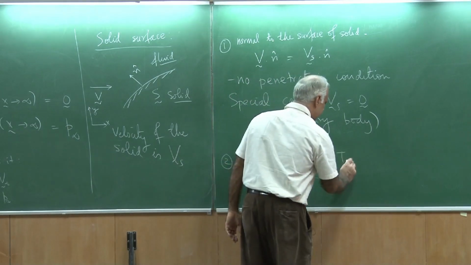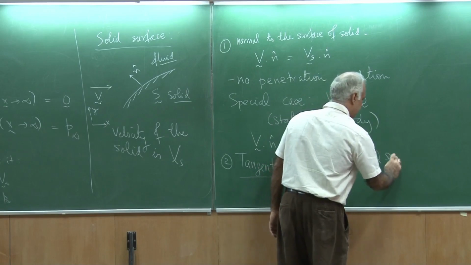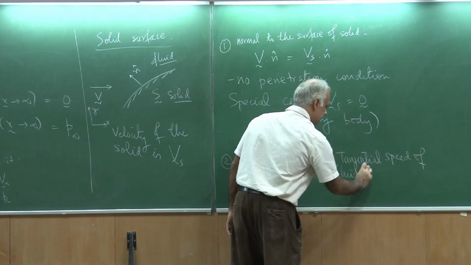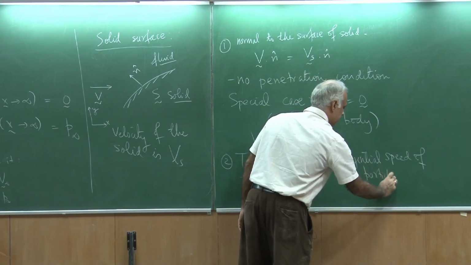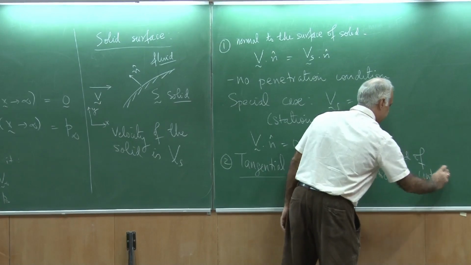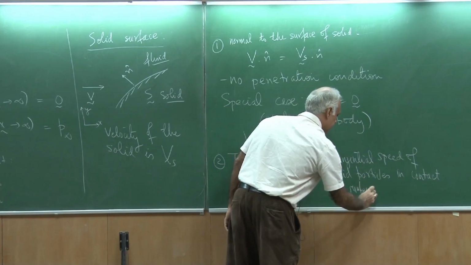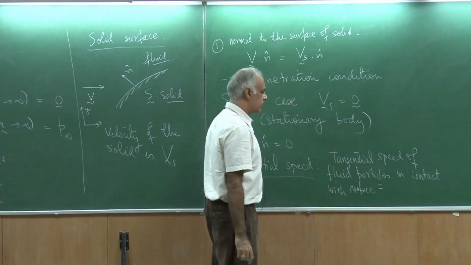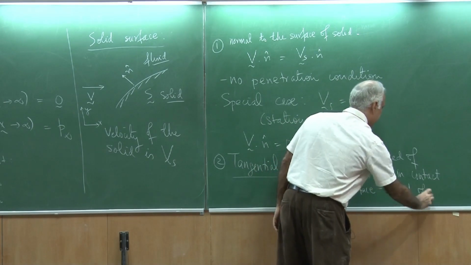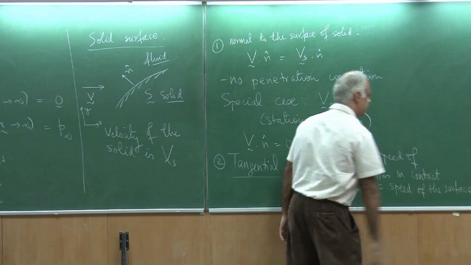So the tangential speed of fluid particles in contact with the surface is identical to the speed of the surface, of course the tangential speed.